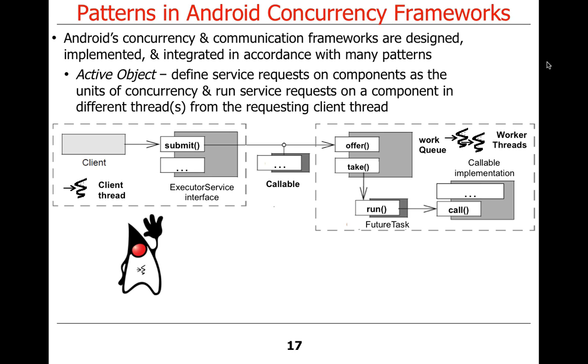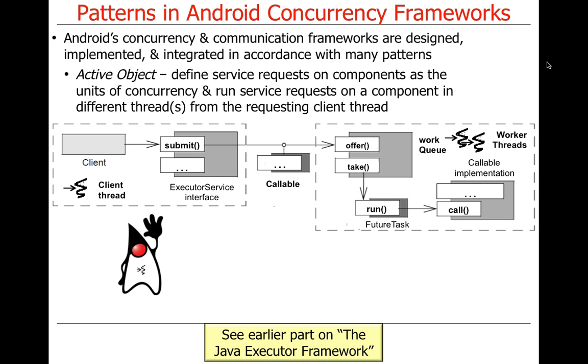And then that callable is enqueued and run in the thread pool in a separate thread of control. So the thread that invokes submit is not the same thread that runs the call method on the callable that was submitted to the executor framework to do its thing in a thread pool. So that's yet another variant of this as well. And the executor framework illustrated the use of an active object in that context.